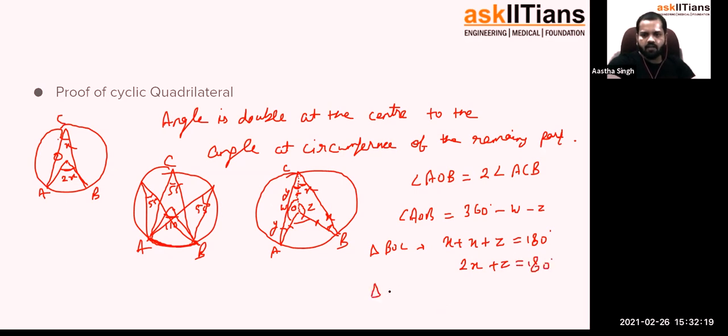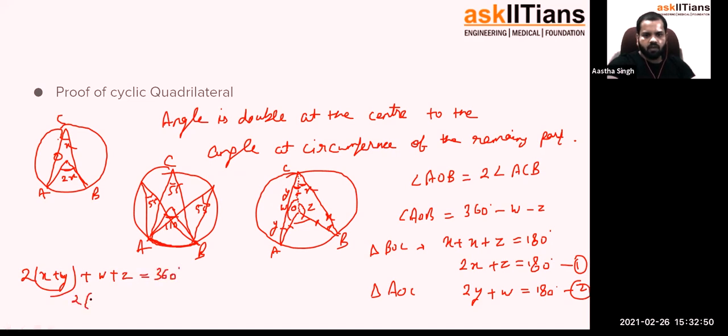Similarly in triangle AOC, 2y plus w is equal to 180 degrees. If you add the first equation and the second equation, you will get 2 times x plus y, plus w plus z, is equal to 360 degrees, right?